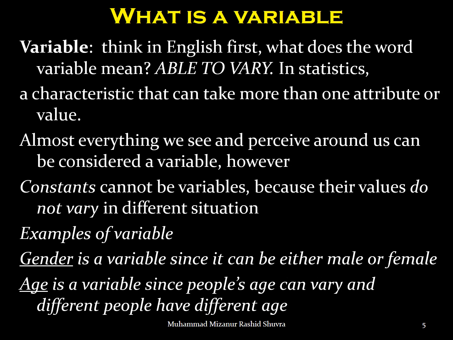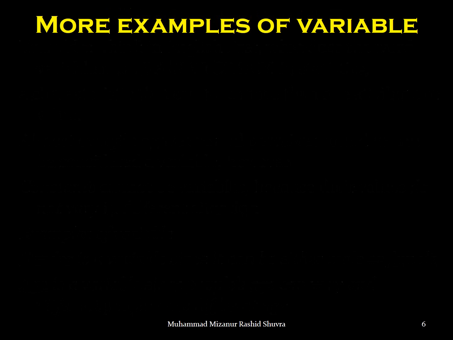Now, at a given point in time, a lot of individuals are born on planet Earth and all of their ages are the same. But we're not talking about that. We're talking about things that are able to vary, even though you may have the same age for many different people. It can take different values for other people, as opposed to a constant, which can't do that.